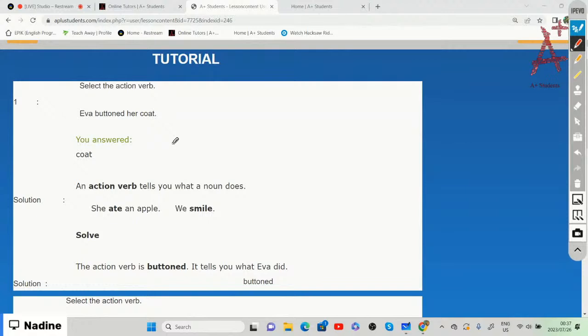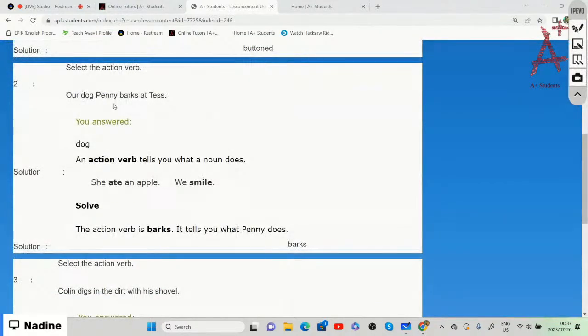If we choose the action verb that tells us what Eva did, then we can say she buttoned her coat. It's almost like she's closing her coat, but she is closing it by fixing her buttons. So buttoned is the action verb that tells us what Eva did.